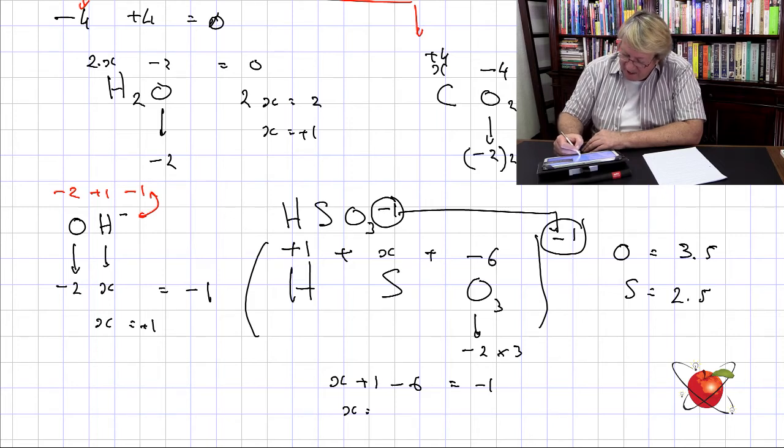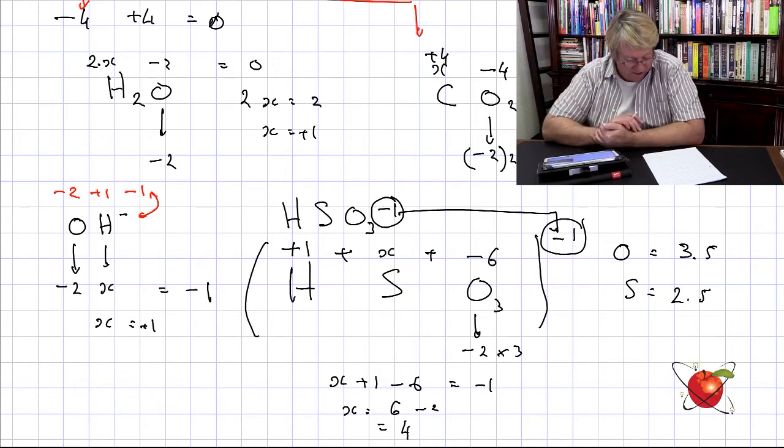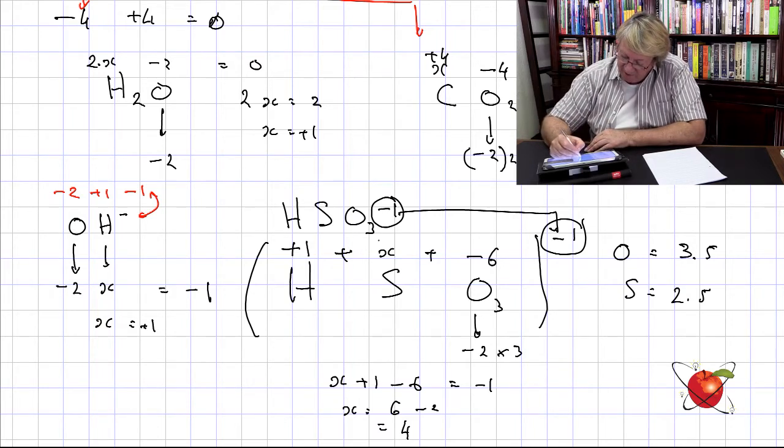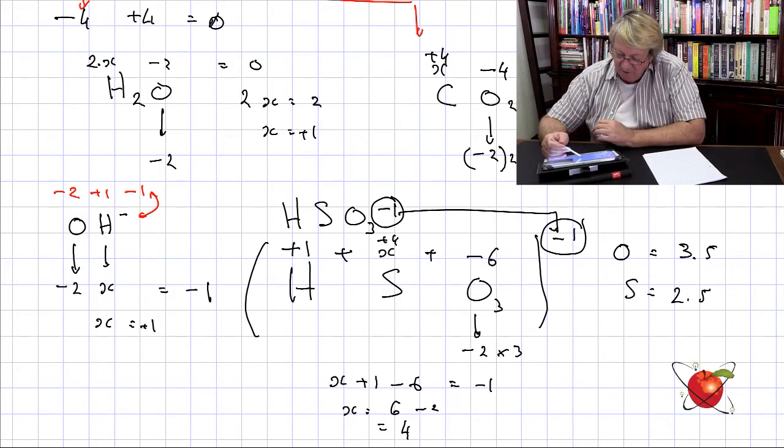So the 6 goes across, and it becomes a plus, -2, which is going to be equal to 4, I think, if I've got it correct. And it's a +4, right? So x is going to be +4. Let's check. 4 + 1 is +5. -1 -1, that agrees with the charge on the outside.